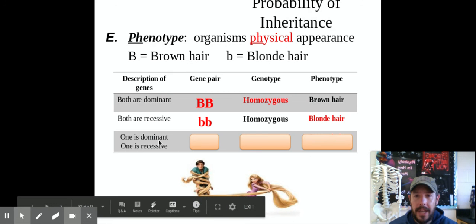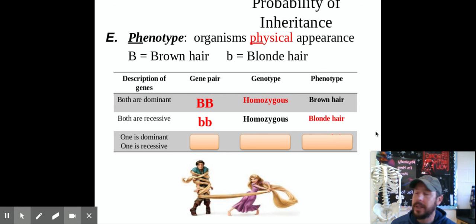Now, what if one is dominant and one is recessive? What would it look like? What would the gene pair look like? Good. One of each letter. Capital B, lowercase b. The genotype now is no longer homozygous. We call it heterozygous. Very good.